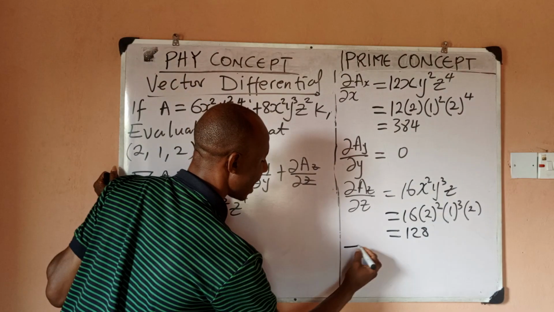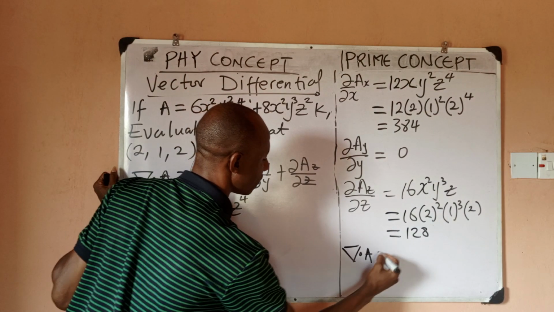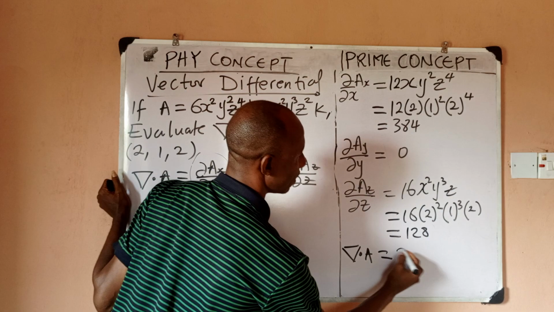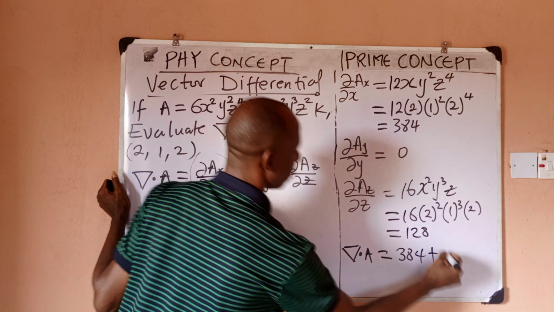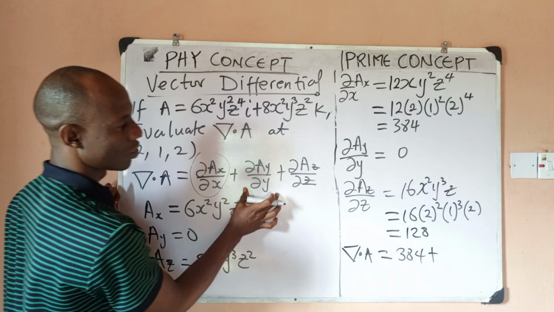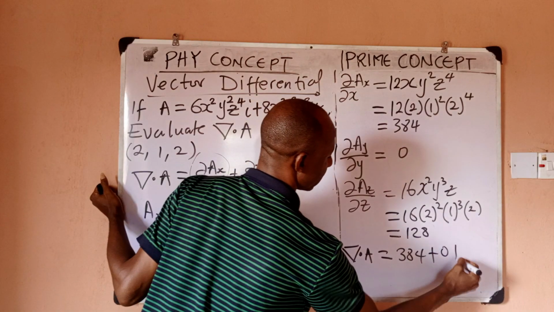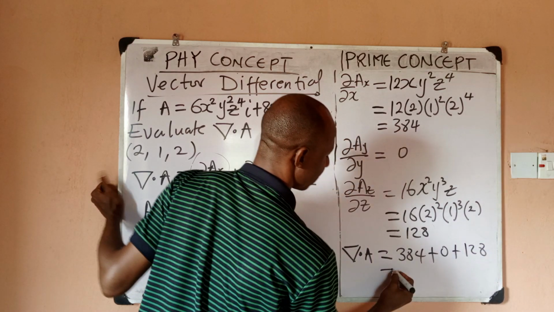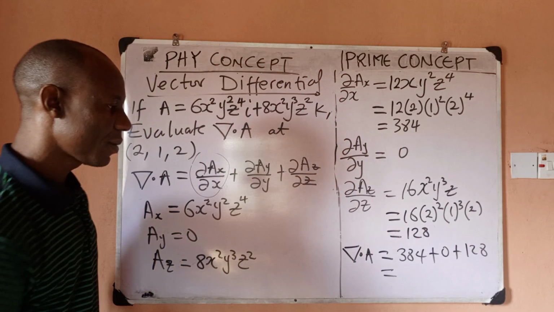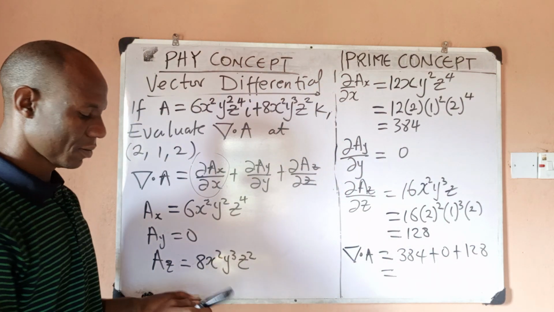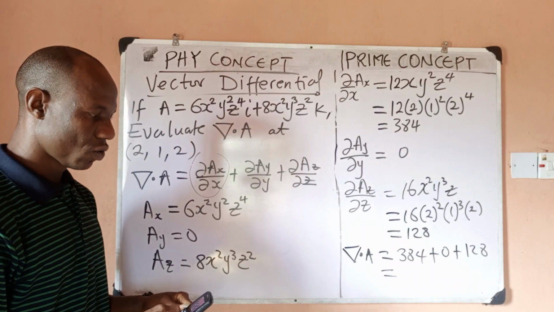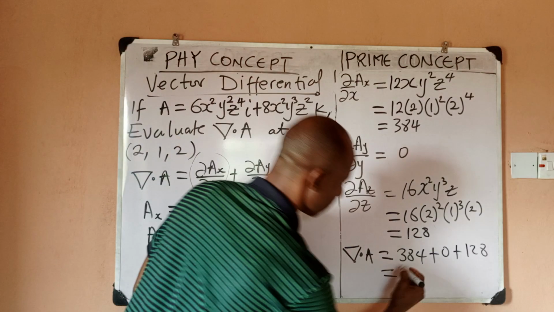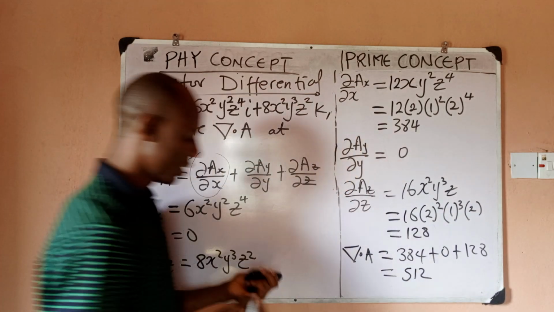My divergence of A is going to be this part, which we got to be what? 384, plus this part, which we got to be what? 0. Then plus this part, which we got to be what? 128. So if I add them up, I have 512. So this is my answer.